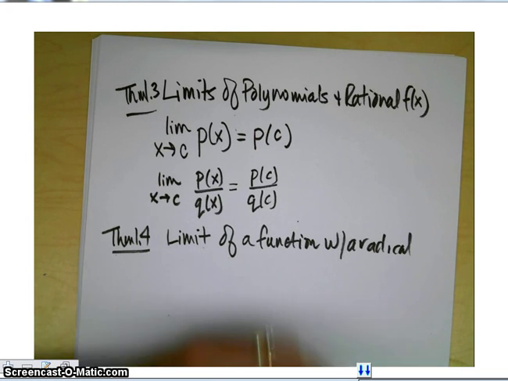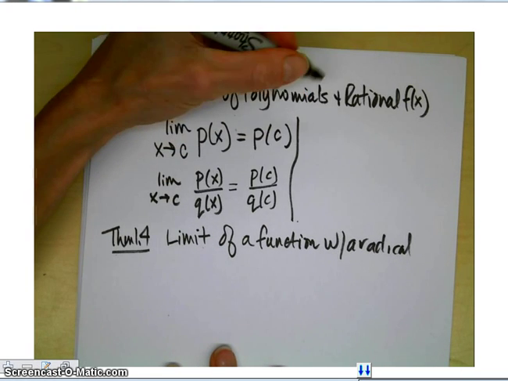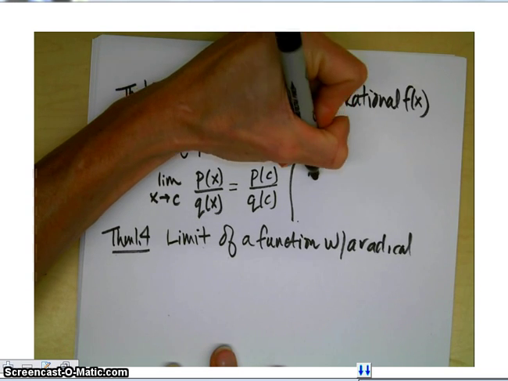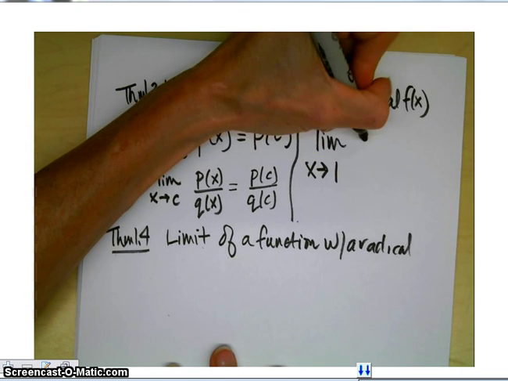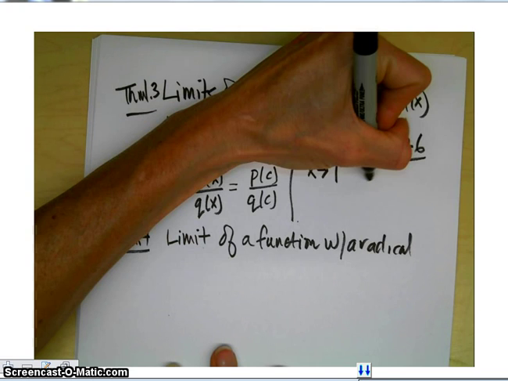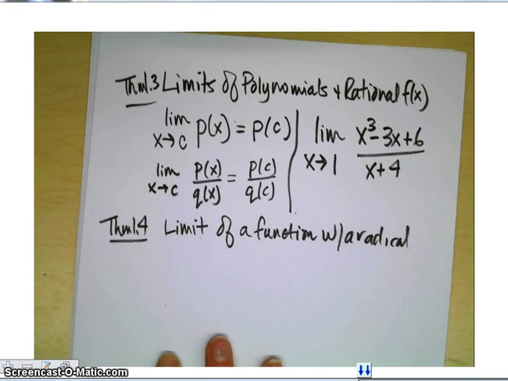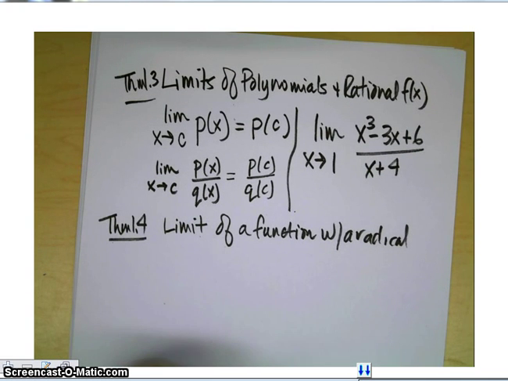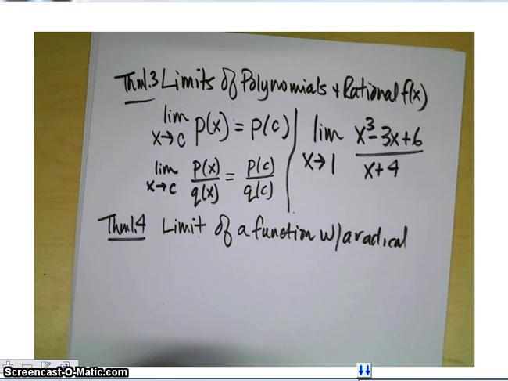So here's an example. I want you to find the limit as x goes to 1 of x cubed minus 3x plus 6 over x plus 4. How would you find that limit? Put 1 in for x.